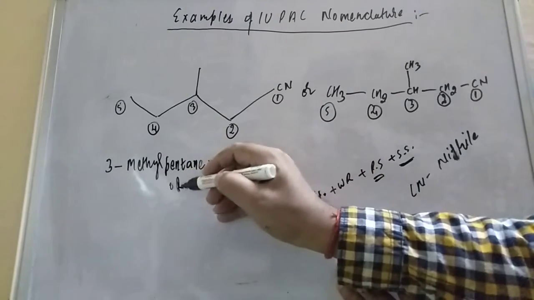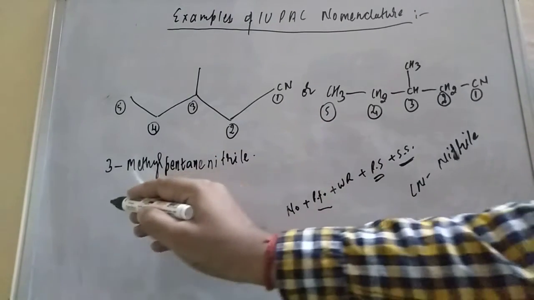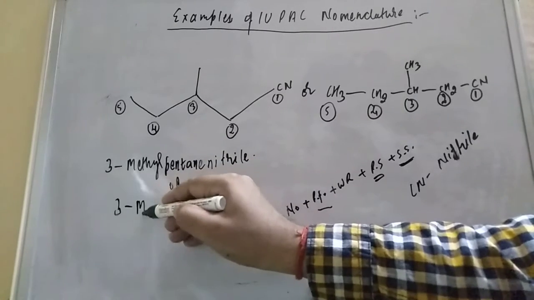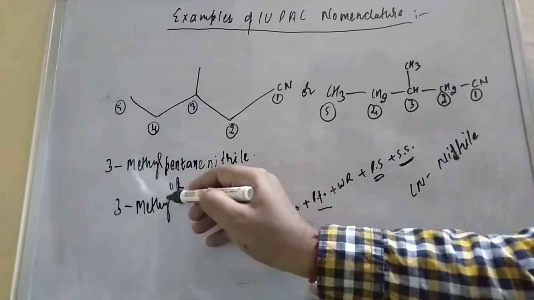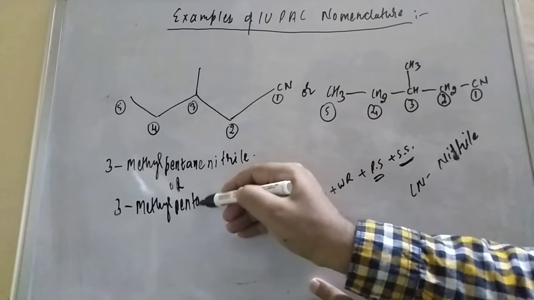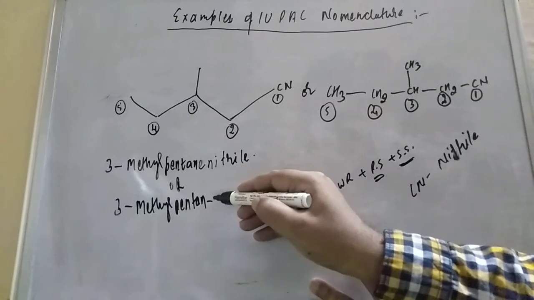The same name can also be written, student, in a different form, where we can position the CN group. So 3 methyl pentane, pentane 1.